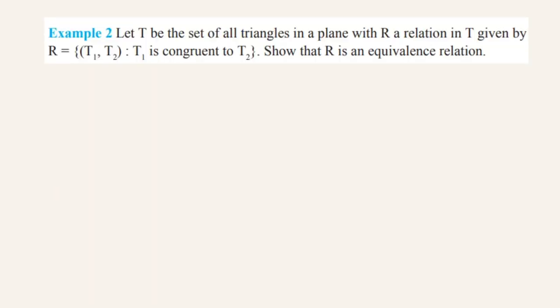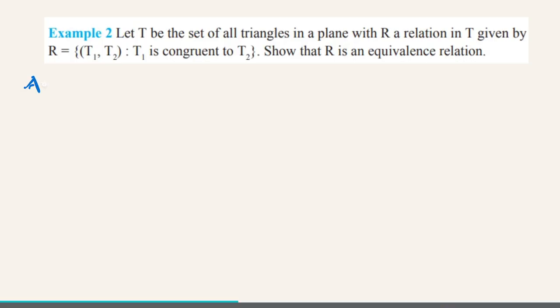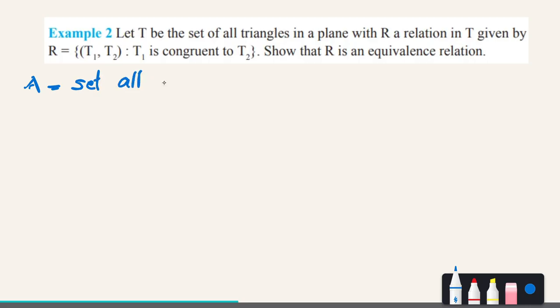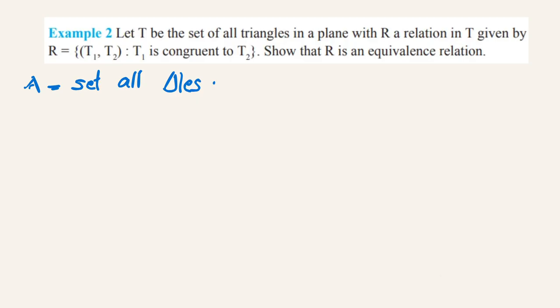So the next example is: let T be the set of all triangles in a plane, with R a relation in T given by R = {(T1, T2) such that T1 is congruent to T2}. So here the set given is the set of all triangles in a plane.